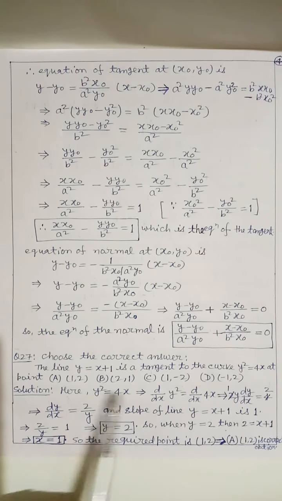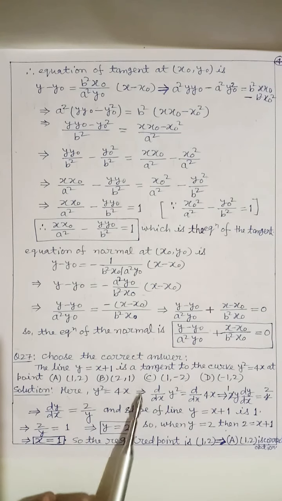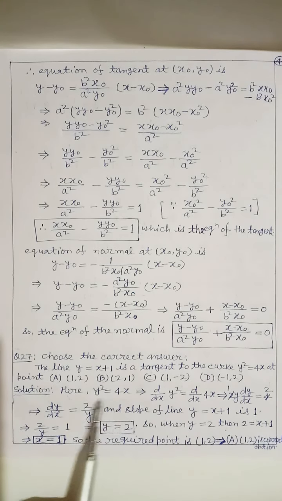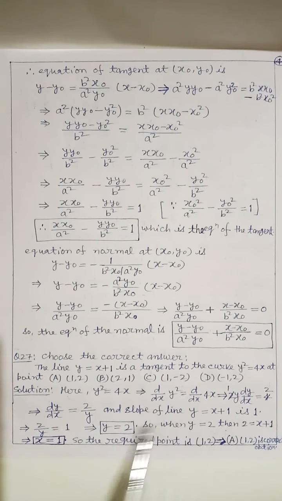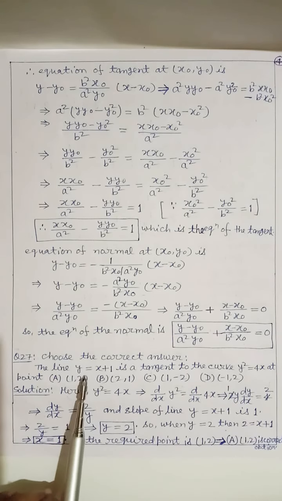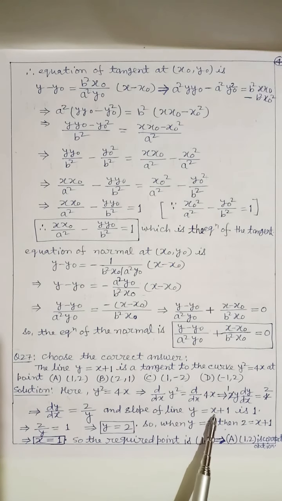Dear students, the equation of the curve is y square is equal to 4x and we find dy by dx, meaning we differentiate this with respect to x, and we get dy by dx is equal to 2 by y. Already we know this is the slope of the tangent, and we have been given the equation of the line y is equal to x plus 1, and here the slope is 1.